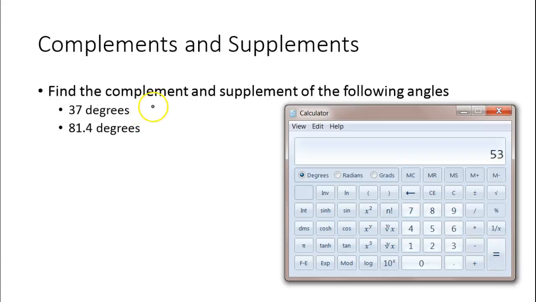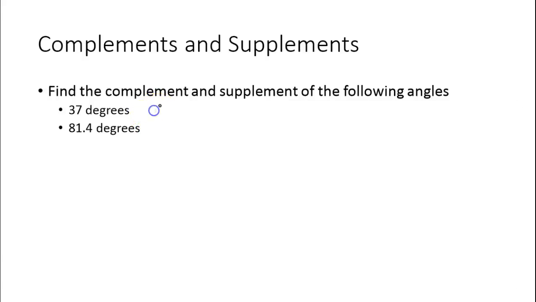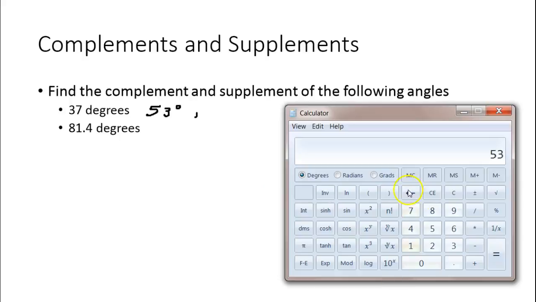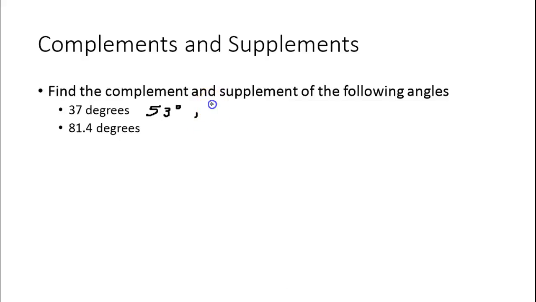So the complement of 37 degrees will be 53 degrees. The supplement, I would simply say 180 minus 37 equals 143. So the supplement would be 143 degrees.